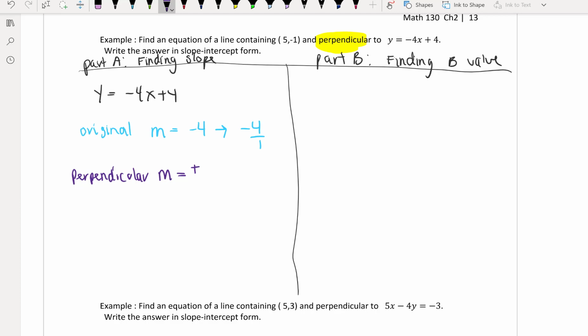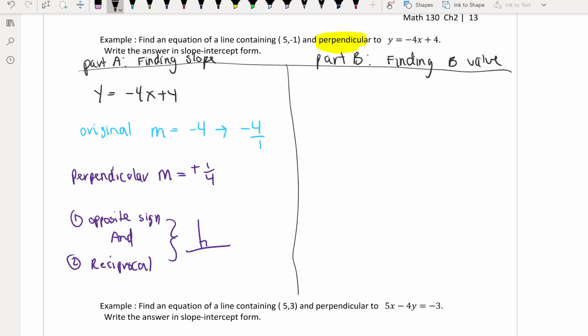And when I do the reciprocal, it would be 1/4. So remember, the two criteria is opposite sign, and it needs to be the reciprocal. Both of these need to happen in order for these to be perpendicular, okay?